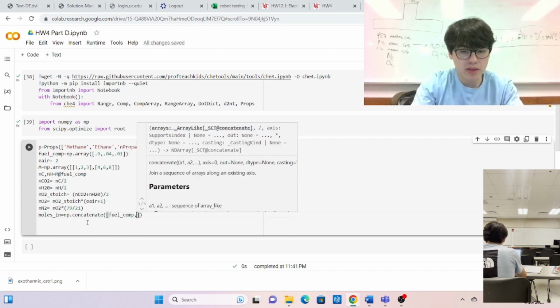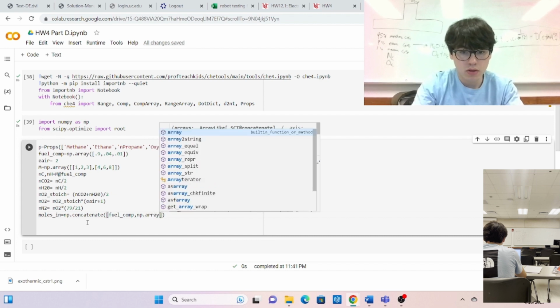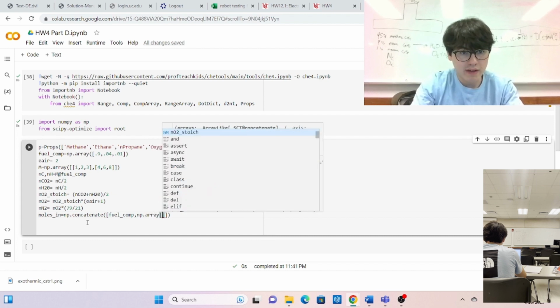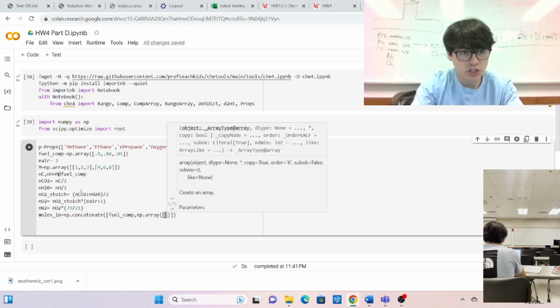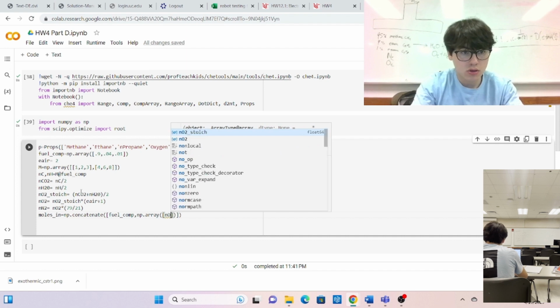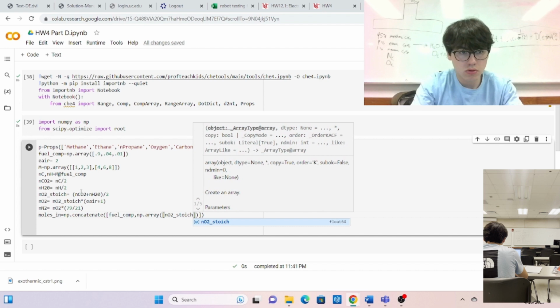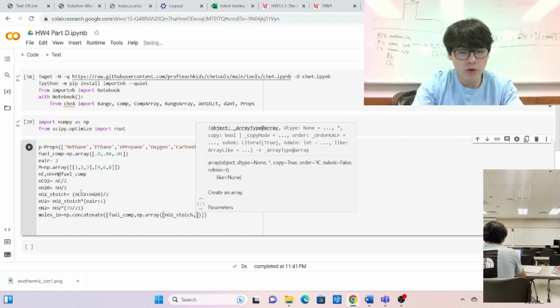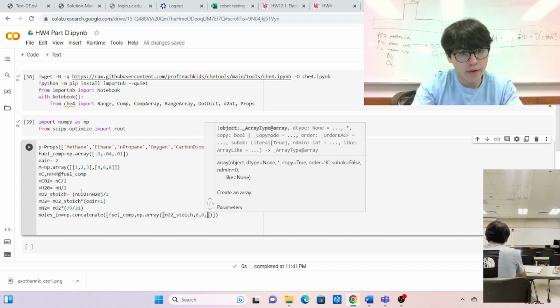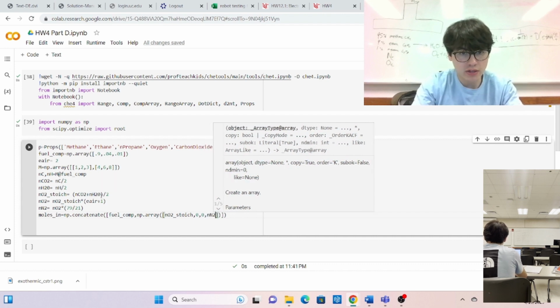The next array will be np.array, where we start with the stoichiometric amount of oxygen. We'll have no carbon dioxide, no water, and nitrogen will be just N2 here.